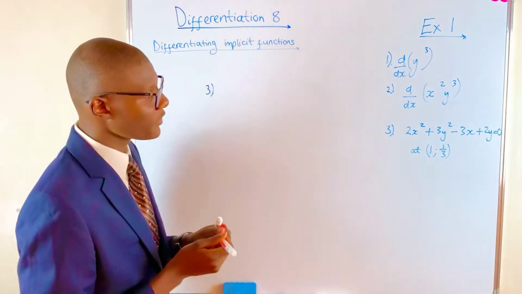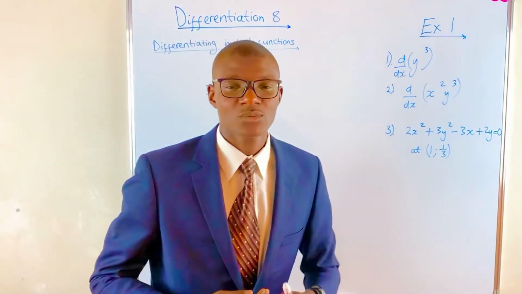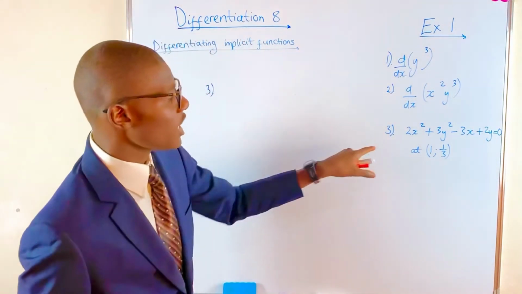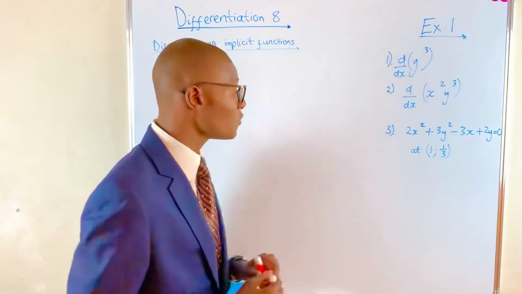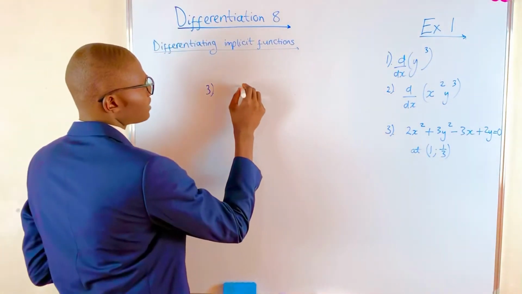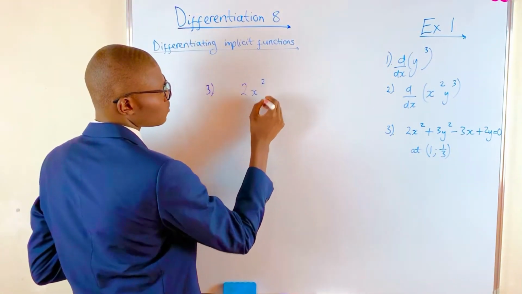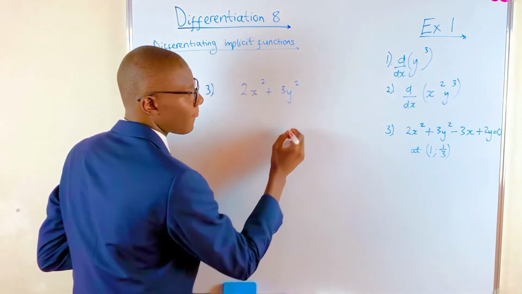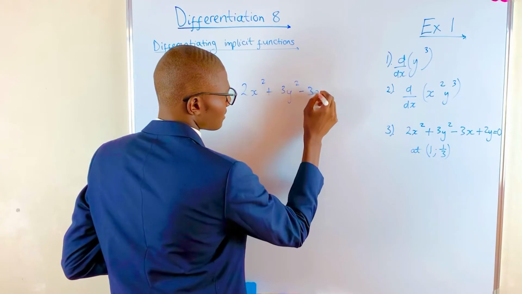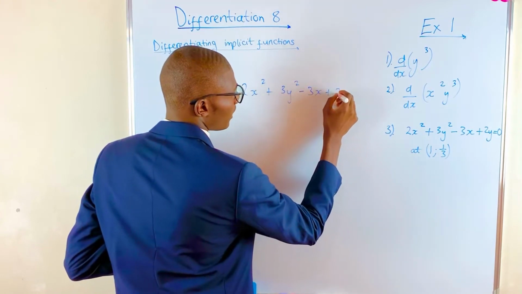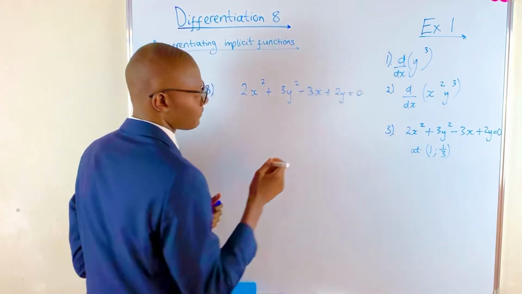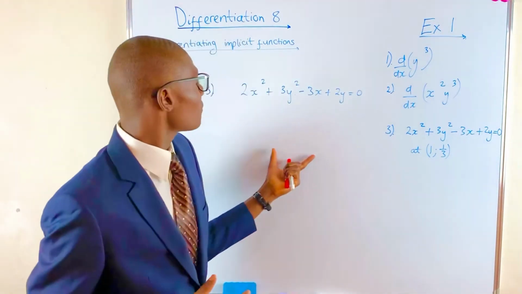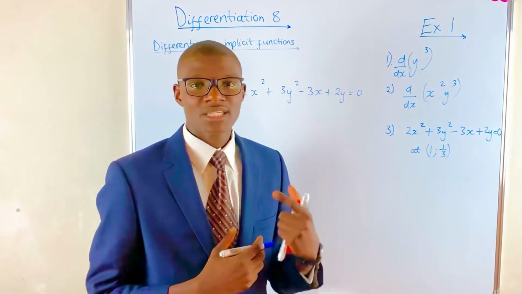So first step, we find our gradient function, which is dy by dx. So to find our dy by dx, we shall write this equation in full as it is. So it says 2x squared plus 3y squared minus 3x plus 2y is equal to 0. So finding the gradient function, we shall differentiate each term separately.